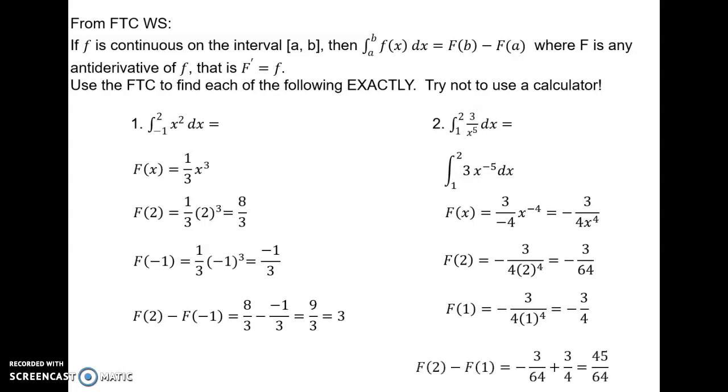So it would be -3 over 64 plus, since minus a negative becomes plus, 3/4, which is 45/64, which again is just dealing with fractions. This is the exact area underneath the curve, or the exact accumulated amount of change of this antiderivative function over the interval from 1 to 2.